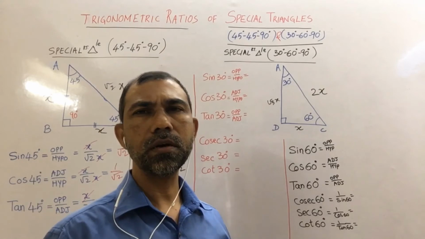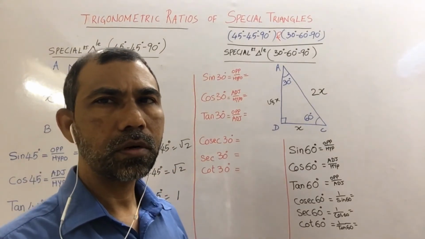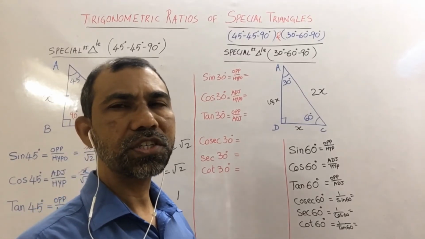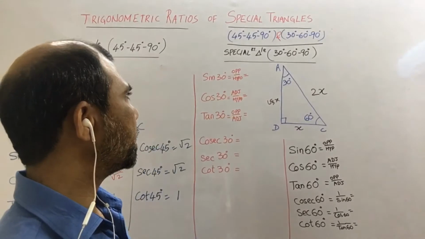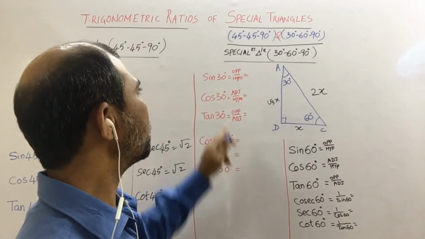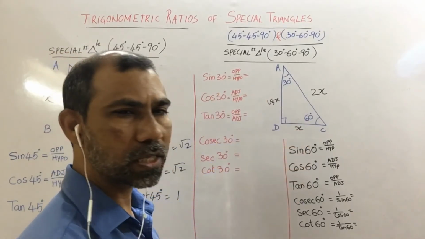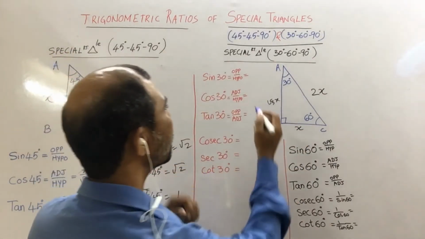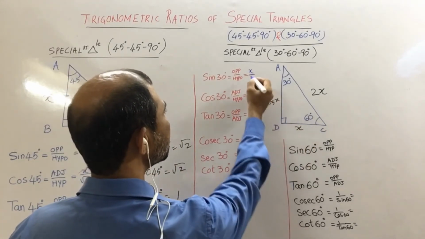Now we see the special right triangle values for 30 degrees, 60 degrees, 90 degrees. Here sine 30 degrees is equal to opposite over hypotenuse. Opposite to 30 degrees is x over hypotenuse is 2x.